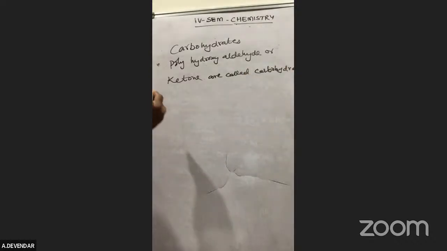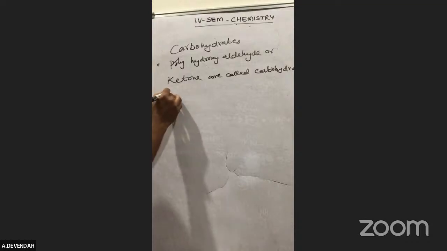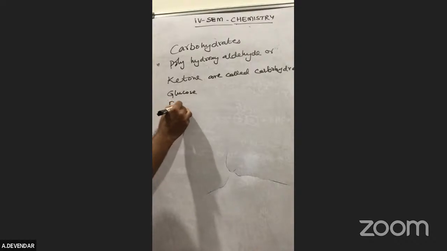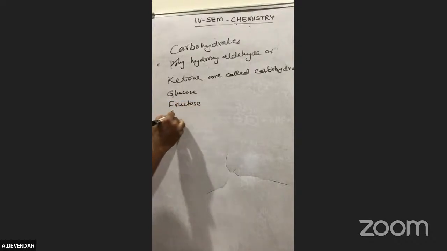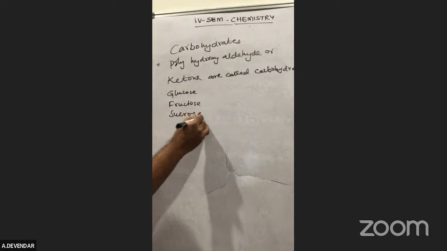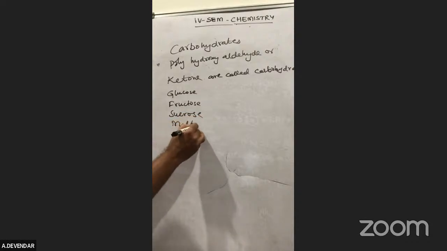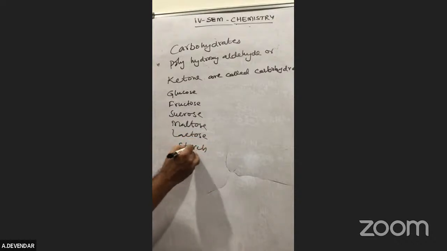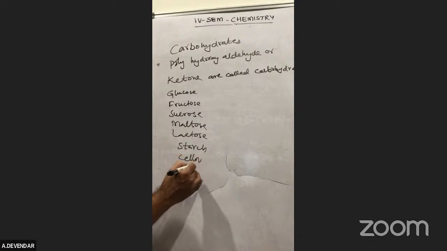Now in this case, we are using so many carbohydrates. Glucose is a carbohydrate, fructose is a carbohydrate, sucrose is a carbohydrate, maltose is a carbohydrate, lactose is a carbohydrate, starch is a carbohydrate, cellulose is a carbohydrate.